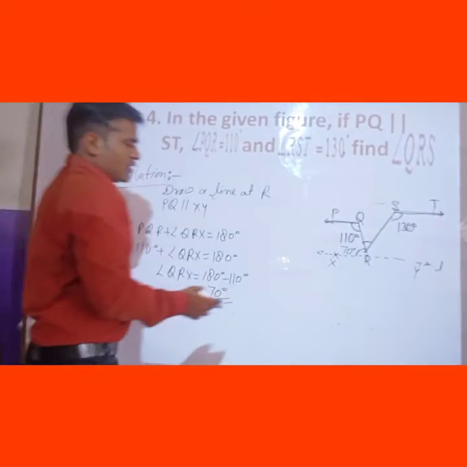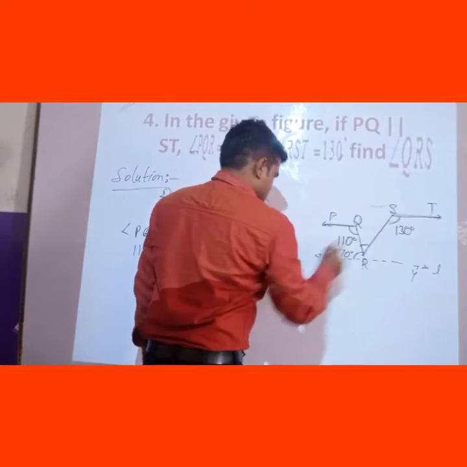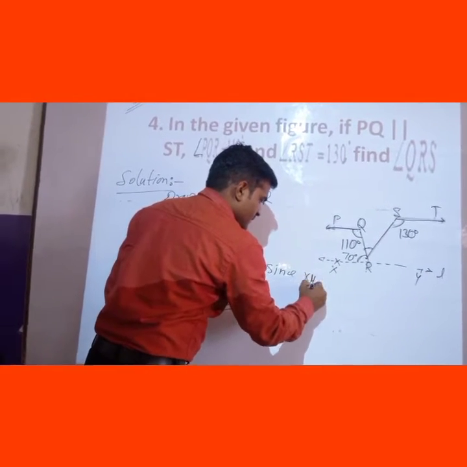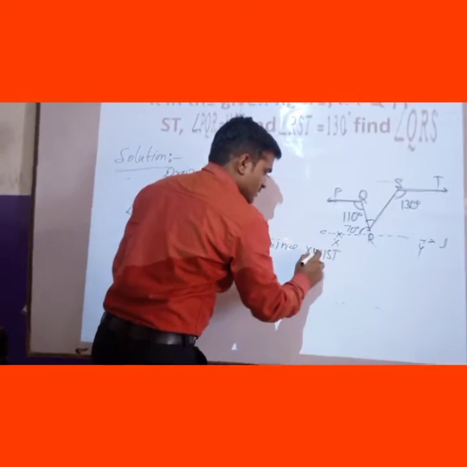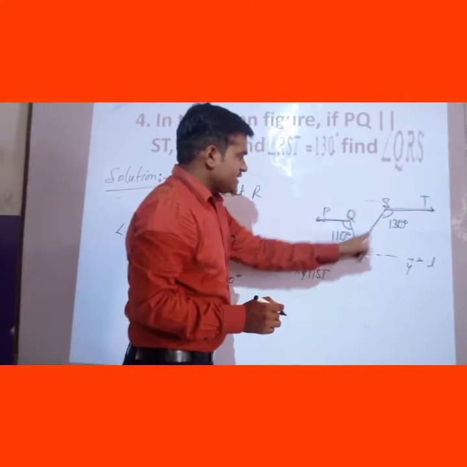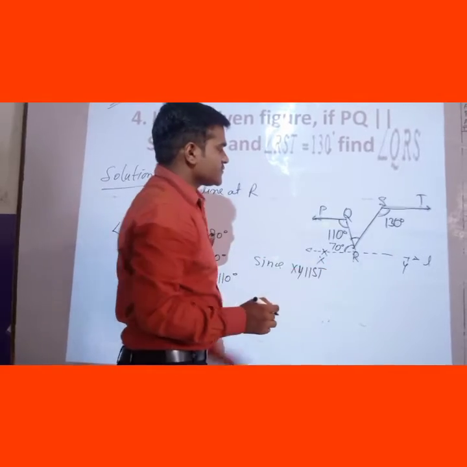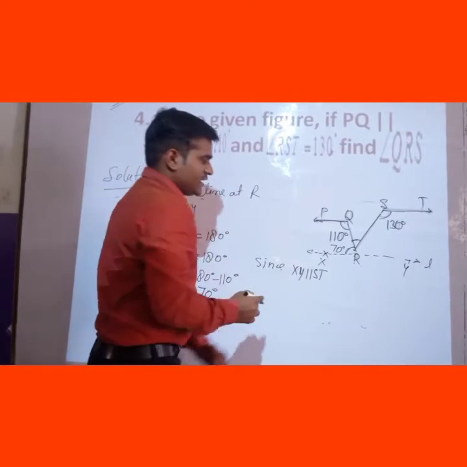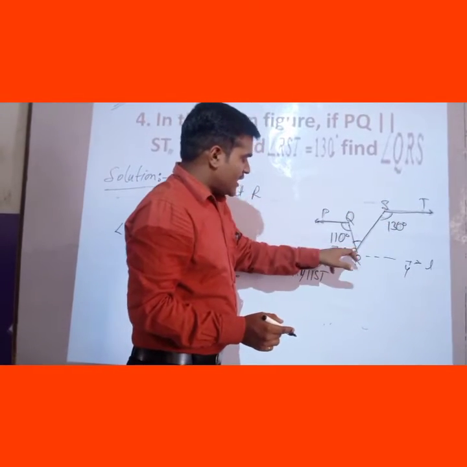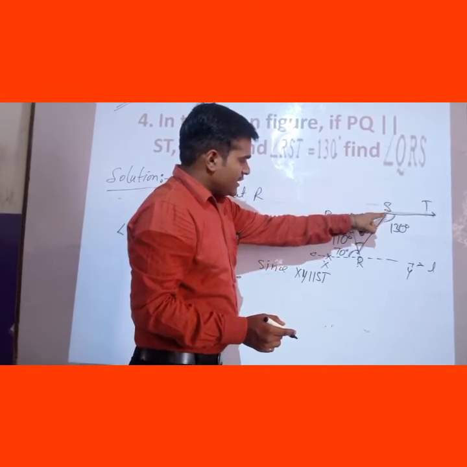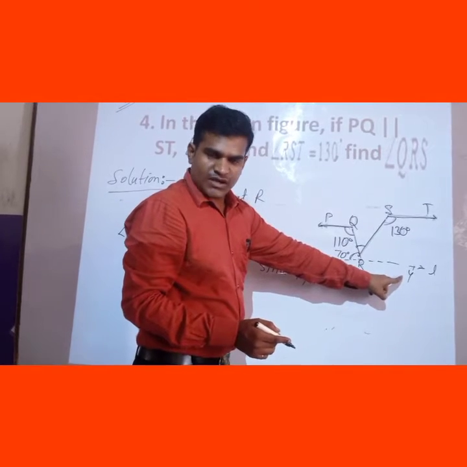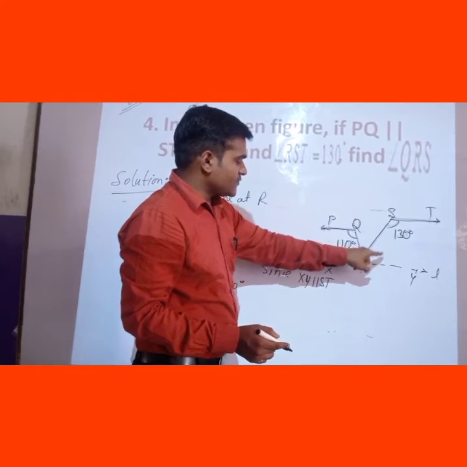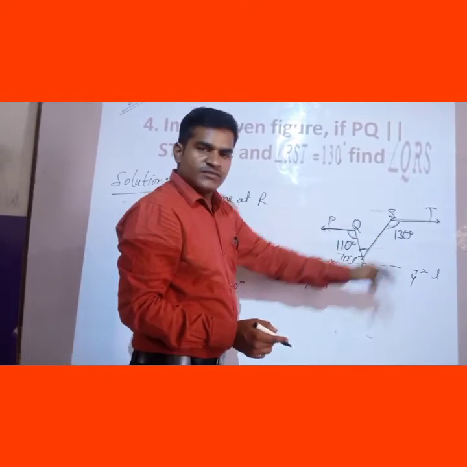Now, since XY is parallel to ST, SR is the transversal for these two lines. It means angle TSR plus angle SRY is 180 degree, because these two angles are interior and on the same side of the transversal.